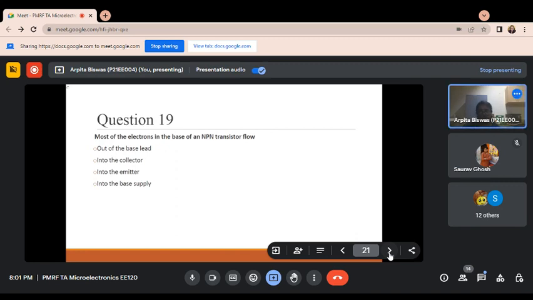So this is question number 19. Most of the electrons in the base of an NPN transistor flow out of the base lead, into the collector, into the emitter, or into the base supply. So what is the right answer?